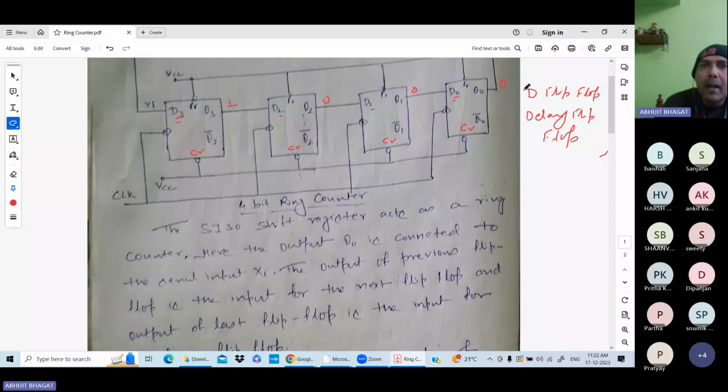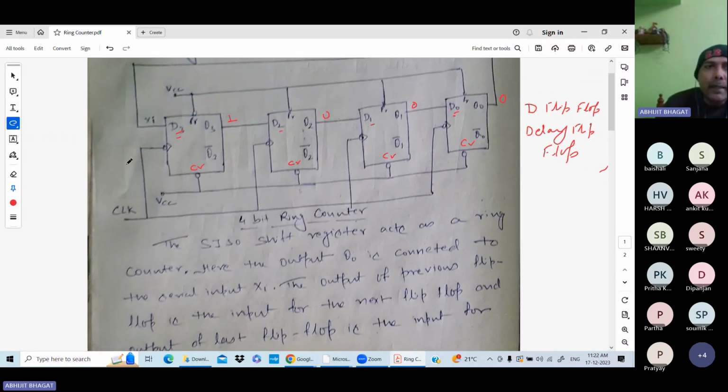So at the initial condition, suppose we set this value as 1000. After that, when you supply the next clock pulse, this 0 is the input here.